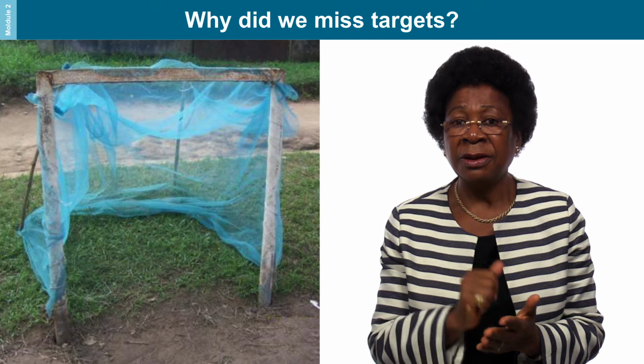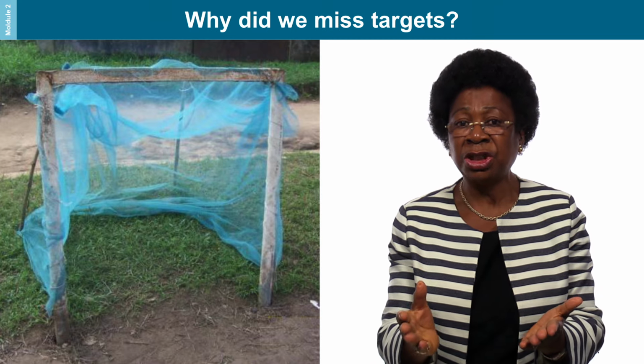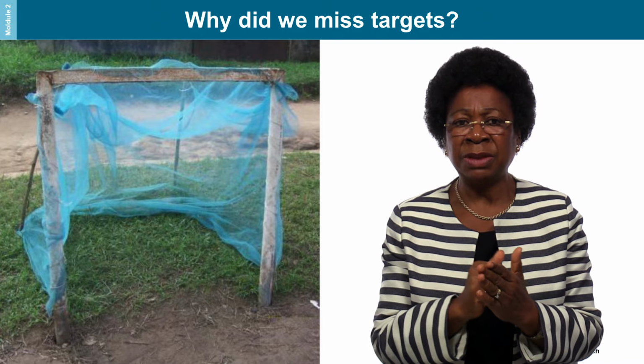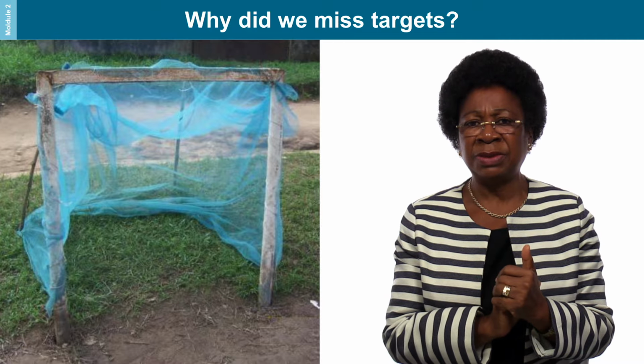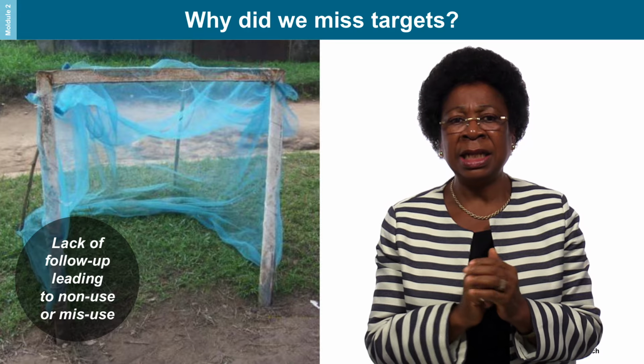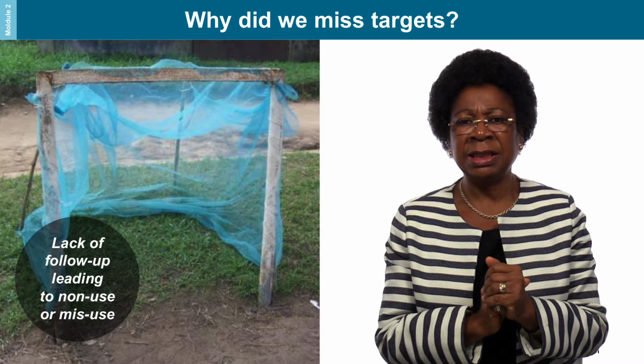For instance, programs can miss targets because of poor supervision by health workers or inadequate investment in monitoring program activities. I mean, lack of follow-up can lead to non-use or misuse of commodities.